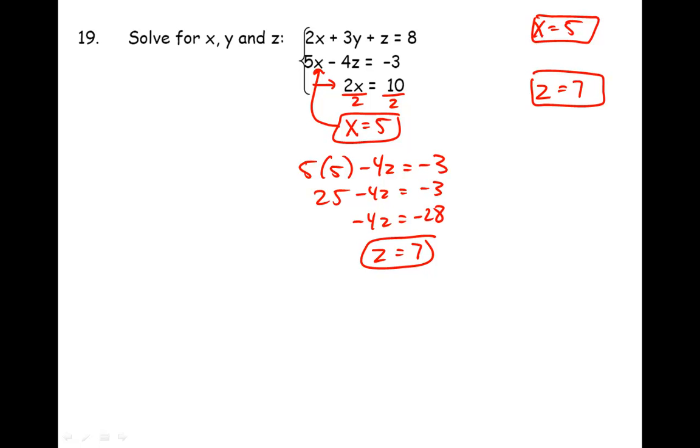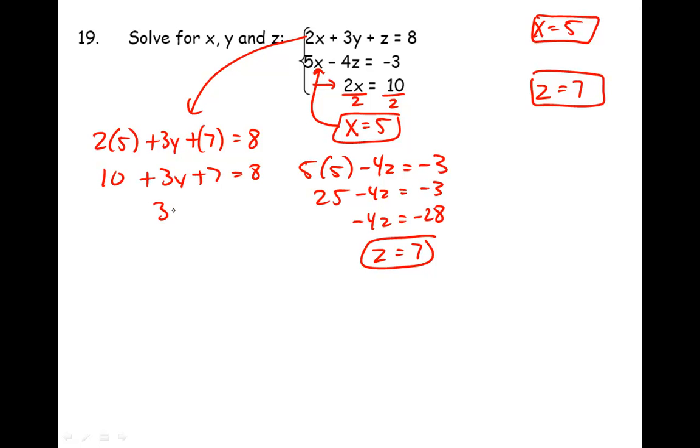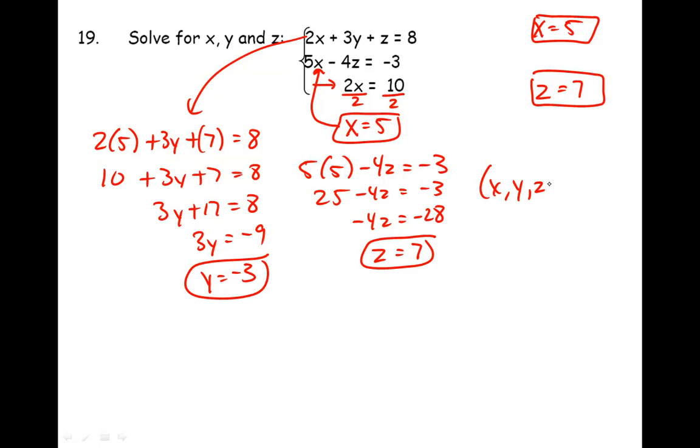I can take those two values and plug them into the first equation. So x is equal to 5, y is equal to negative 3, and z is equal to 7.